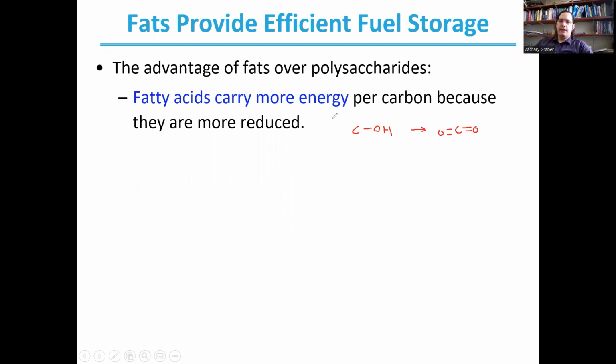In a fatty acid, most of your carbons start as alkane carbons, right? So we just have our hydrogens attached to a carbon, along with, of course, the bonds to other carbons. This is a more reduced state for our carbon, and so we'll be able to produce more energy as we oxidize it over more steps to get our carbon dioxide.